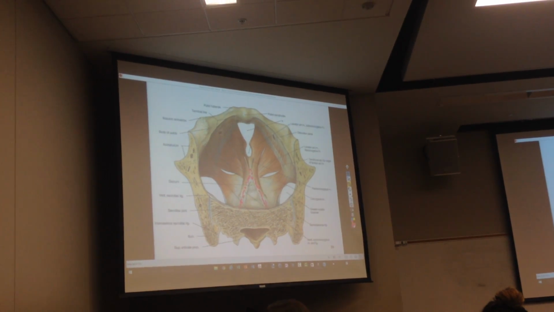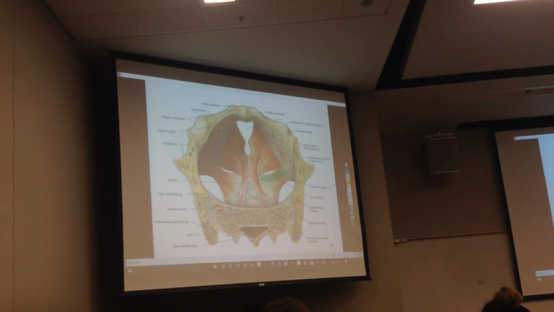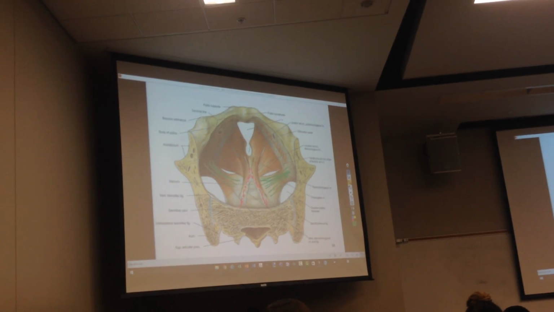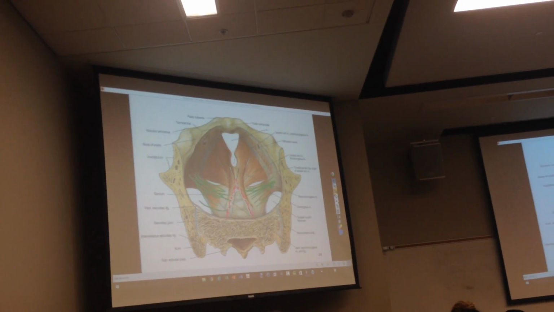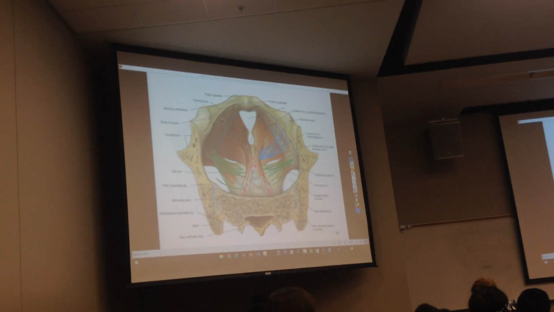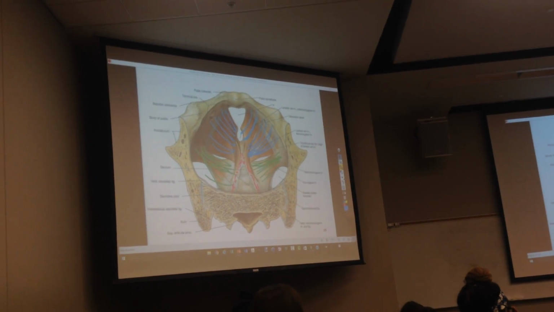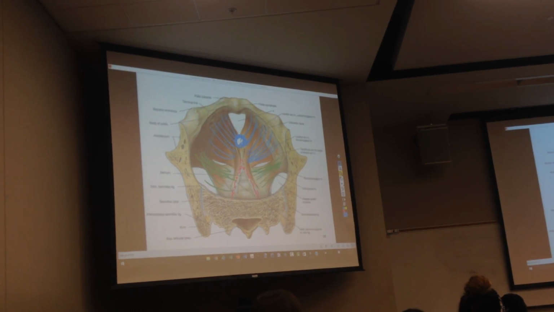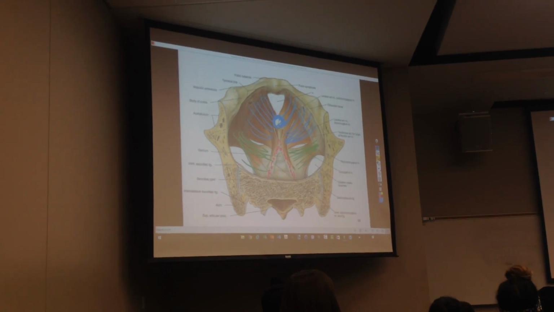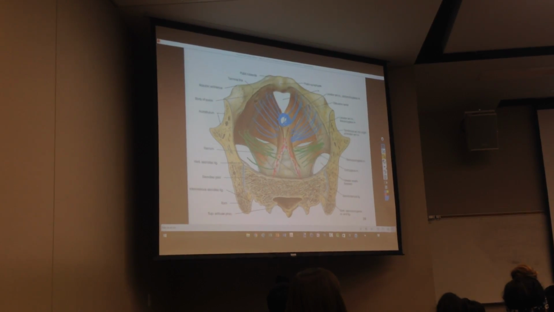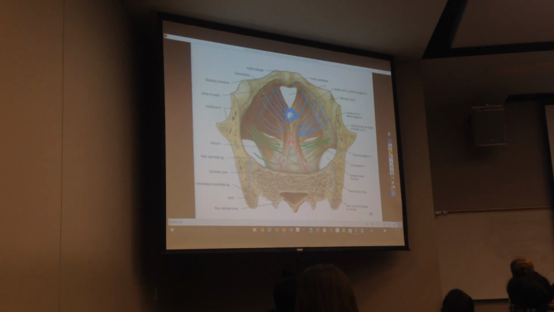So what we're going to have is some coccygeus coming down to insert onto that. And then you're also going to have levator ani, again, coming down. So here's levator ani coming down here in order to lift up the anus, which would be located right there. Okay? So these are the parts of your pelvic diaphragm. And then we're not actually seeing any transversalis muscle, because there's no muscle anymore. It's just fascia.